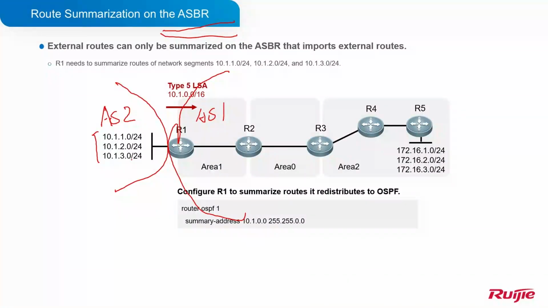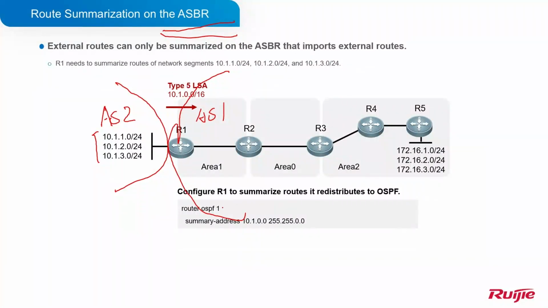For these three detailed routes, if we want to do the summarization, we have to do it on the ASBR device. So R1 is an ASBR device. Okay, and for the external routes, how to configure the summarization?